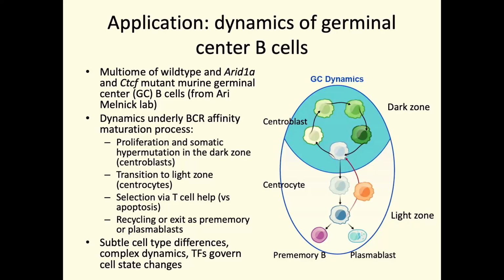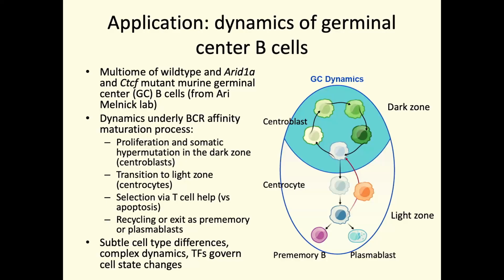So there's this cycling, and then they can exit either as plasmablasts, which will eventually become plasma cells that are just antibody factories, or they become pre-memory B cells. The memory B cells are for the next infection, so they're ready. So, complicated dynamics, cycling, multiple exits, and transcription factors, we know, govern all the steps.